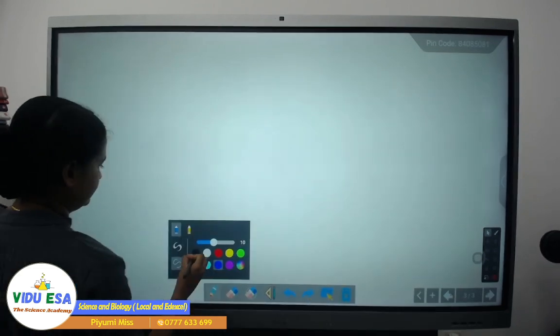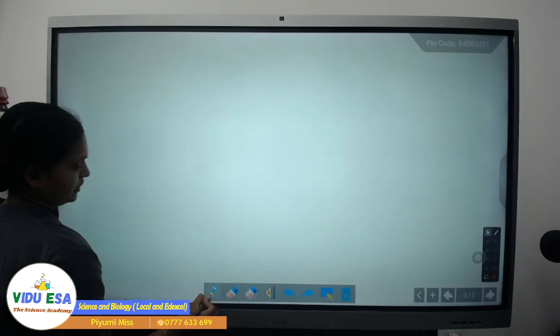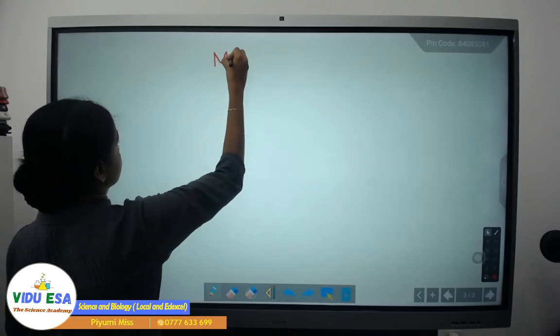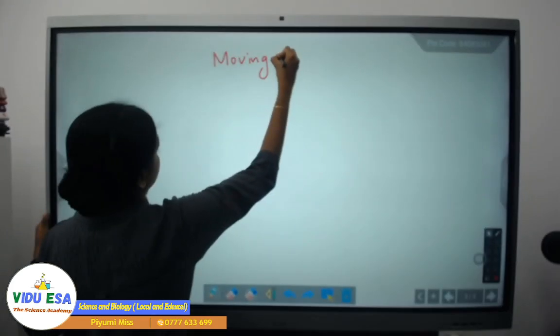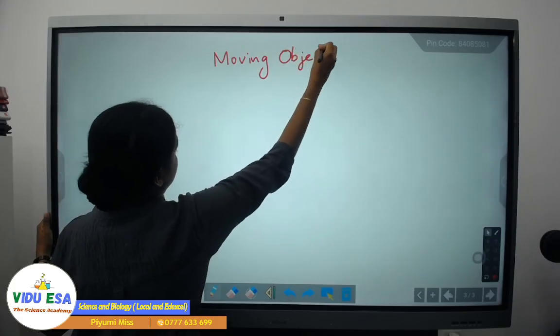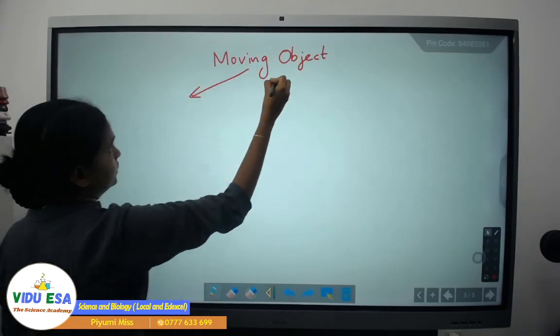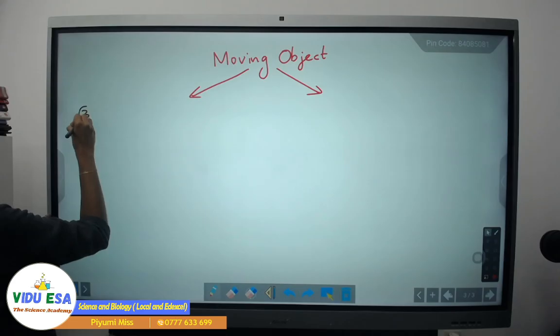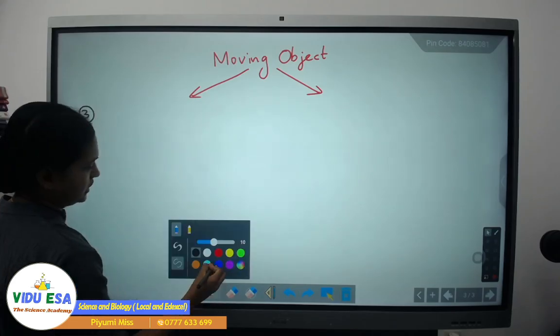Next one. Number 3. අපි මෙහෙම දාමු. Moving object. We can talk about 2 instances. The third point that we are going to learn.